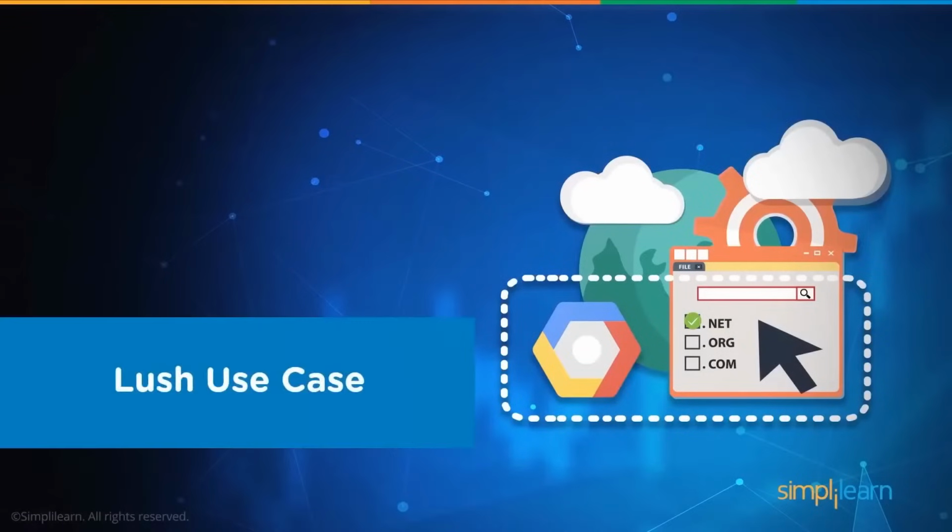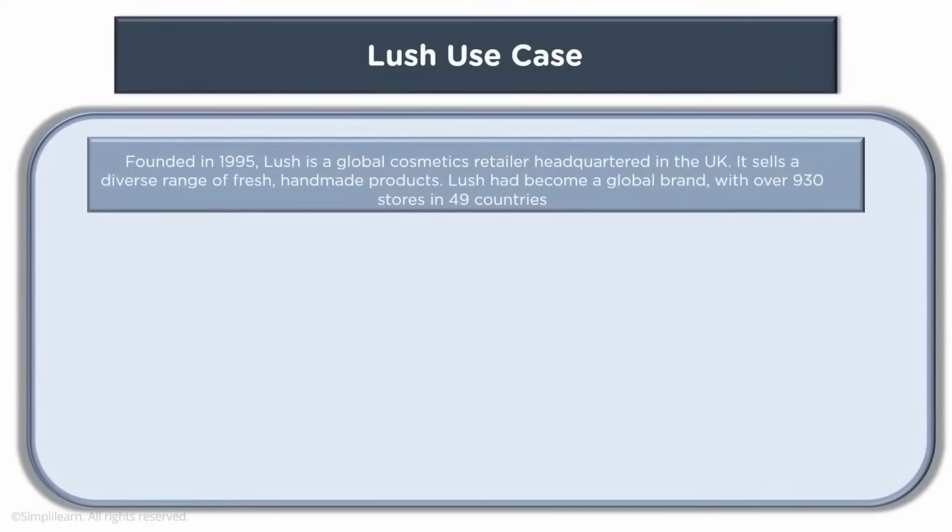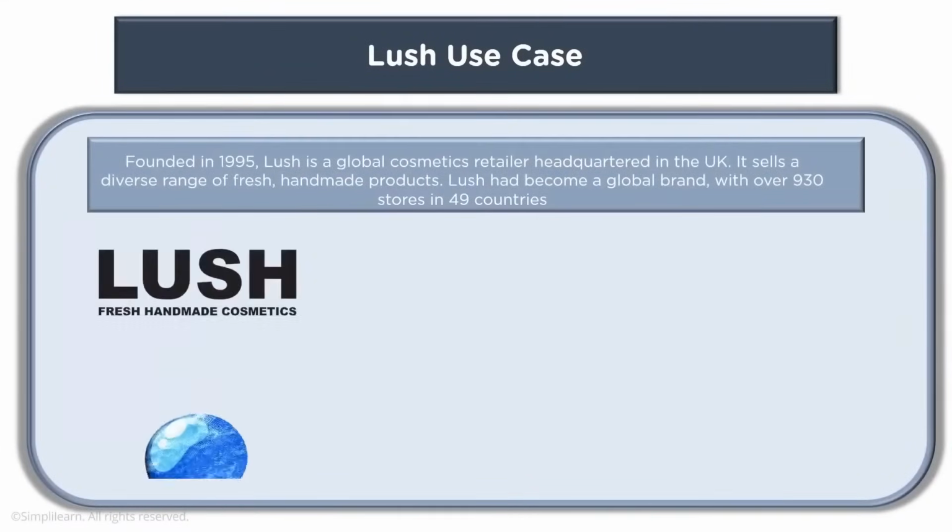Now let's look at a use case and understand what happened here with Lush. Lush was founded in 1995. You might have seen this brand somewhere in the streets. It is a global cosmetics retailer headquartered in the UK. It sells a diverse range of fresh, handmade products. Lush had become a global brand with over 930 stores in 49 countries.